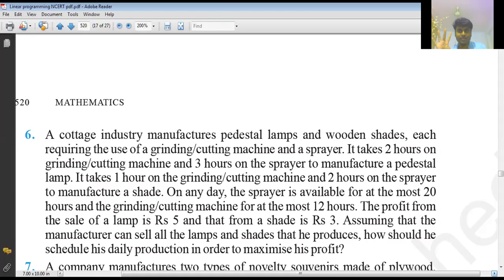Third step, taking the graph: we take the table values and draw the graph. Fourth, from the table, the corner points method, we'll find the solution. That's it. You have to follow these 4 steps in solving every problem. Clear? So let us go forward to solve this question.